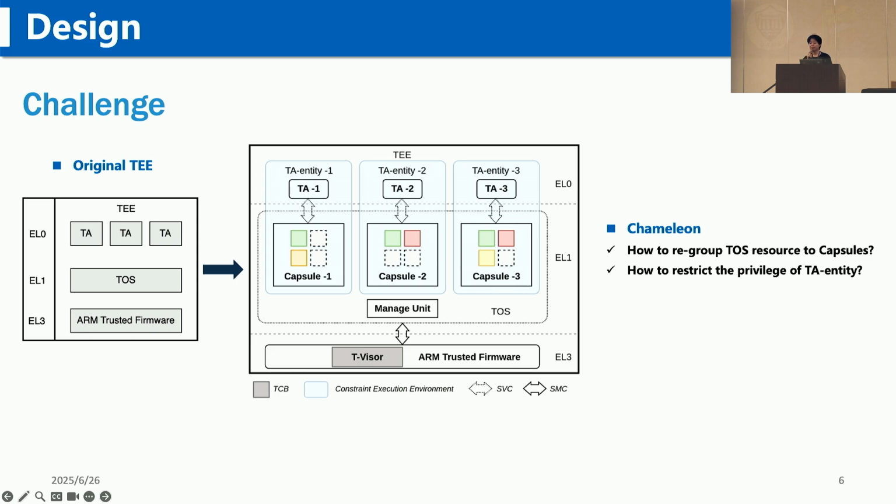Second, how do we make sure each TA only has limited privilege? It means setting strict control so one TA cannot mess with others or gain extra privilege.